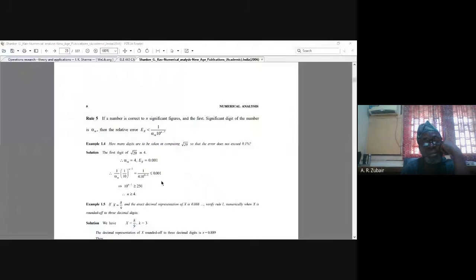So he now said that 1 over alpha m is 4. 1 over alpha m is 1 over 10 times 10 raised to power n minus 1, which is 4 times 10 raised to power 4 minus 1, must be less than 0.001.